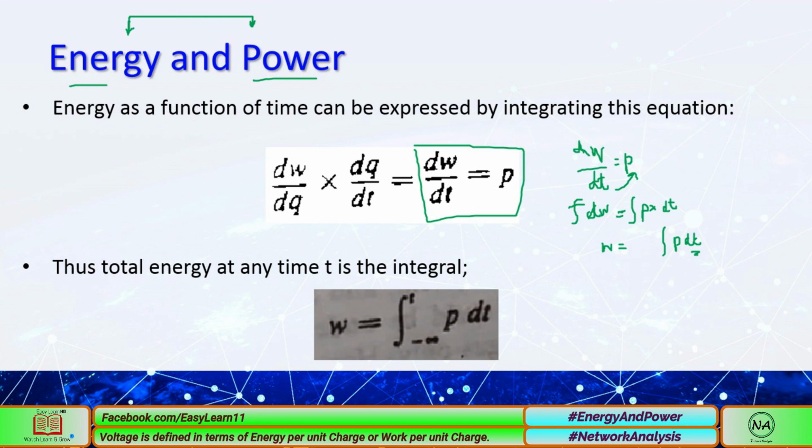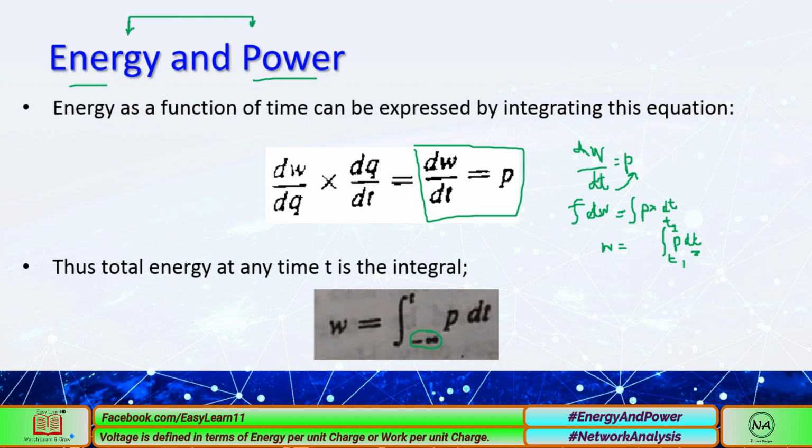The change in energy from time t1 to time t2, we have to mention here: this is t1 and this is t2, two time limits defined. But here students might be confused, because here it is just t. Sometimes we can also write minus infinity here, because this is understood in many cases.